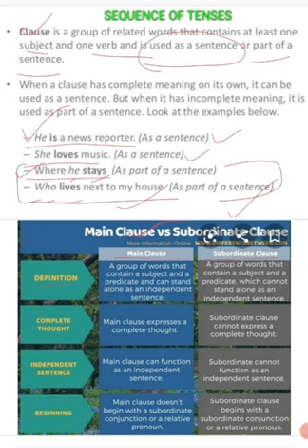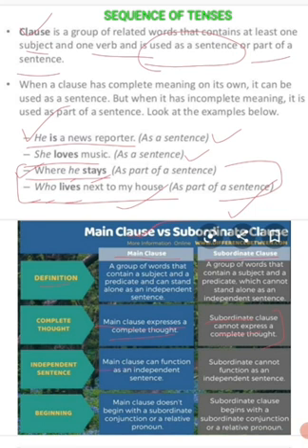Because look, here where is attached. So where shows that this sentence is incomplete. It needs a main clause to complete its sense. On the other hand, the main clause expresses a complete thought, whereas the subordinate clause cannot express a complete thought. Obviously, it is a dependent clause, so it cannot complete a thought.